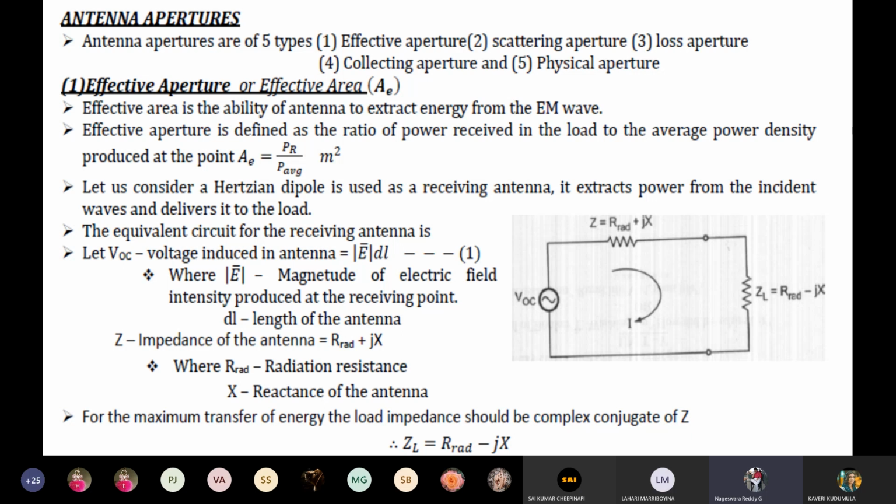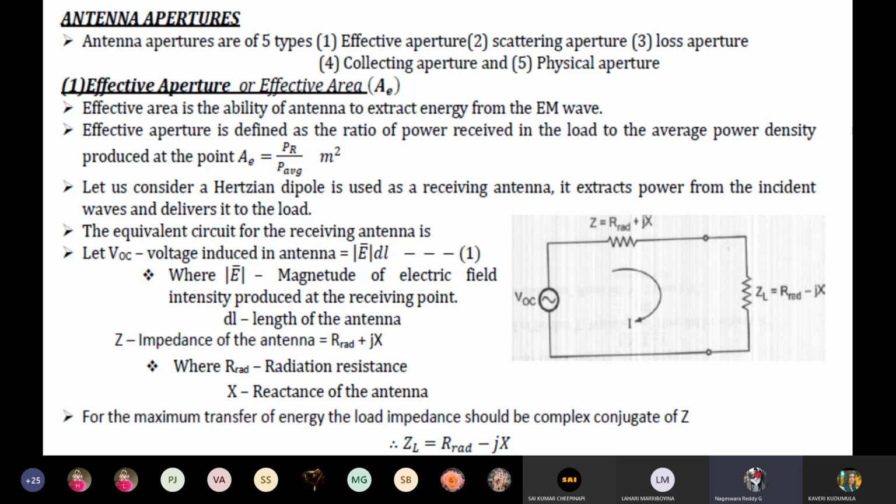Effective area is the ability of the antenna to extract energy from the EM wave, that is, to extract energy from the electromagnetic wave. Effective aperture is defined as the ratio of power received in the load to the average power density produced at that point, that is A_e is equal to P_R by P average, in meter square.